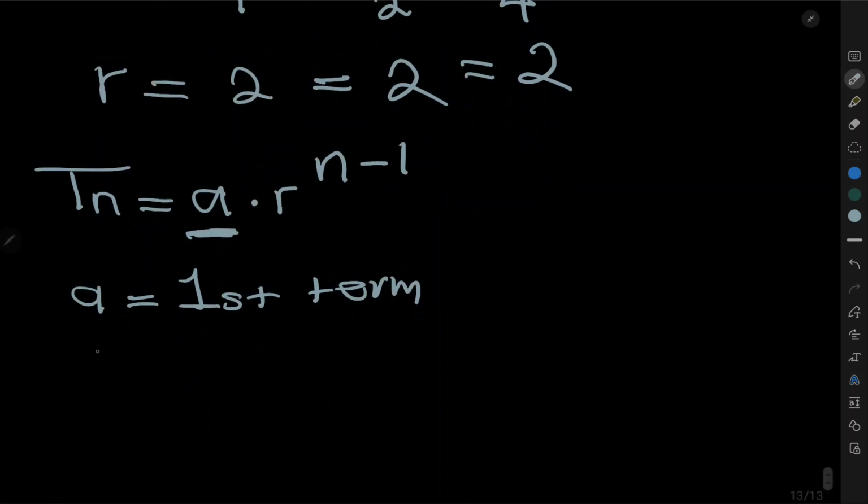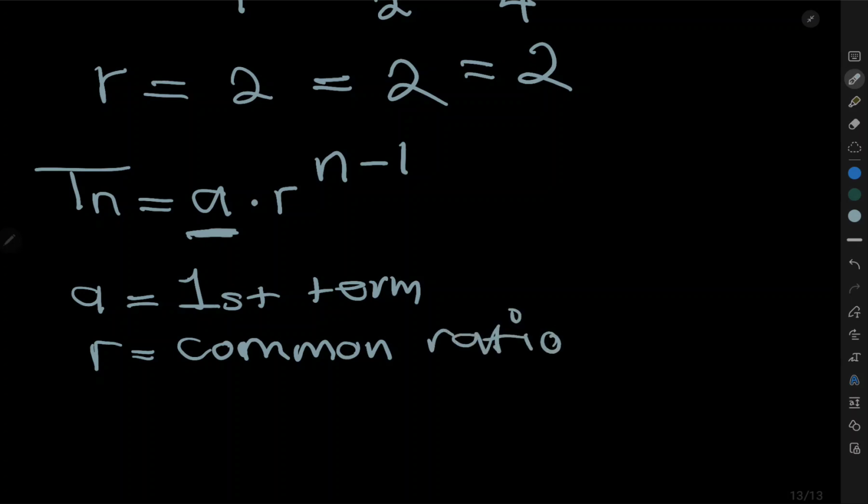As I've already mentioned, R represents the common ratio. And n would refer to the term, whether it's term number 1 or term number 2, and then the minus 1 is just a number. So let's do a quick example to see how we can apply this formula to predict what the next term will be.